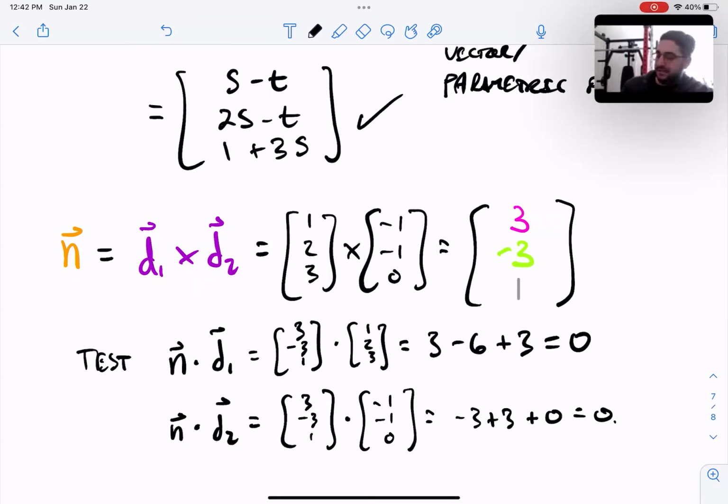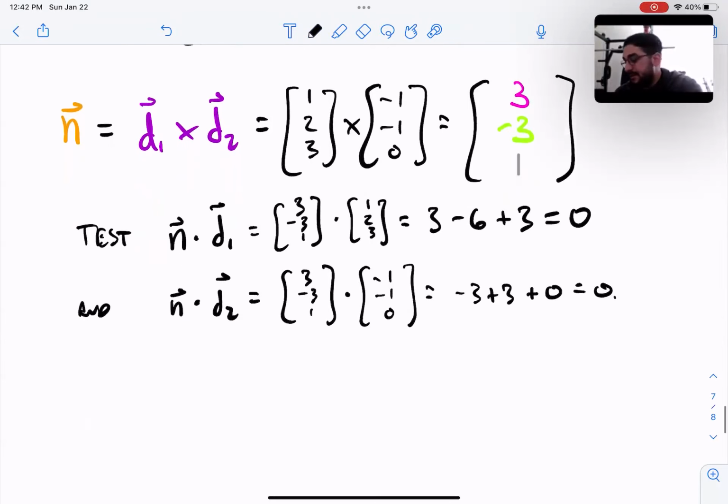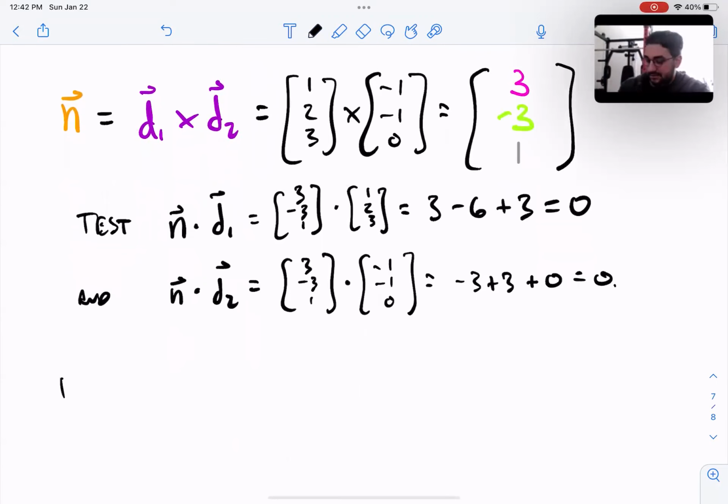So this is how we know that this normal vector is valid. It is perpendicular to both direction vectors, and that's what we needed. Okay, so now we can write out our standard form.